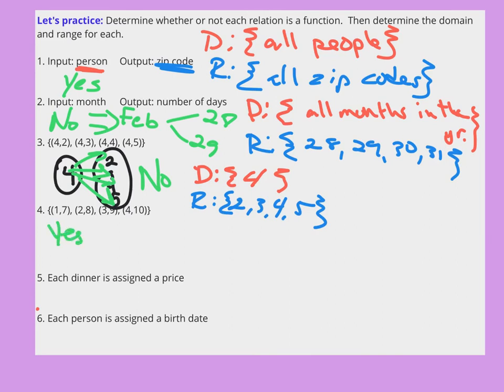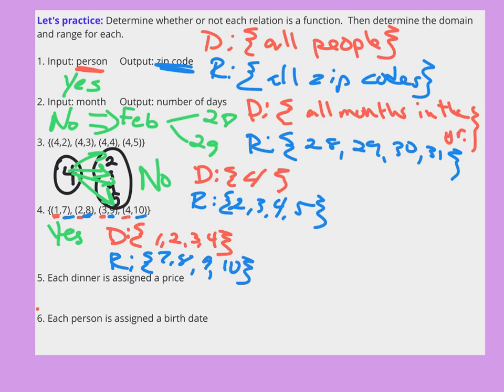My domain is going to be my inputs or my x values, so I'm looking at 1, 2, 3, and 4. My range will be my outputs or my y values, and those are 7, 8, 9, and 10.